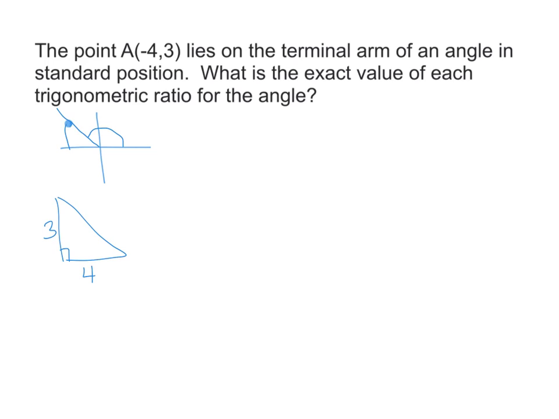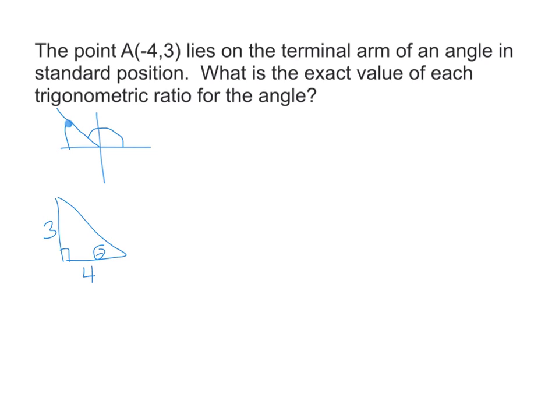Why is it not negative? Because I'm just talking about the size of the triangle, so I don't need a vector in there, just a scalar 4 instead of -4. And we're going to look at this angle here as the reference angle, and we want to find the exact value of each trig ratio for that angle.